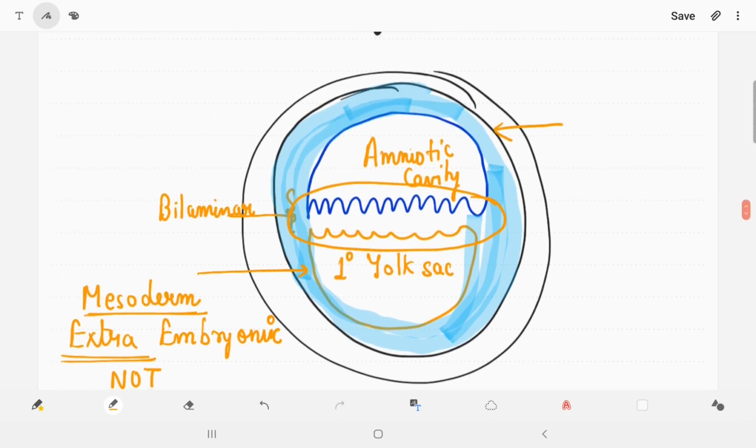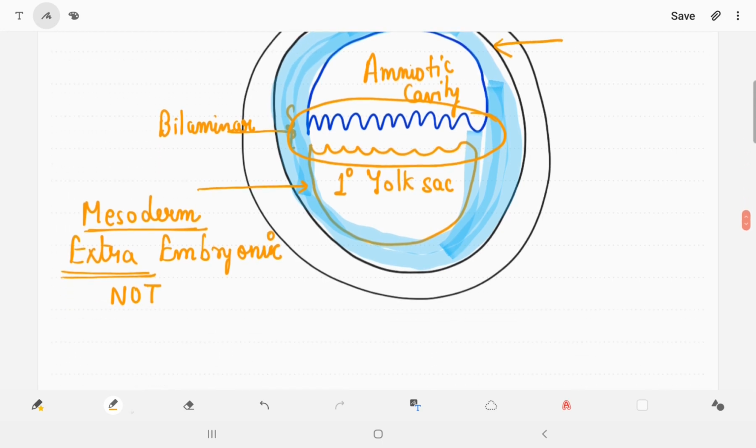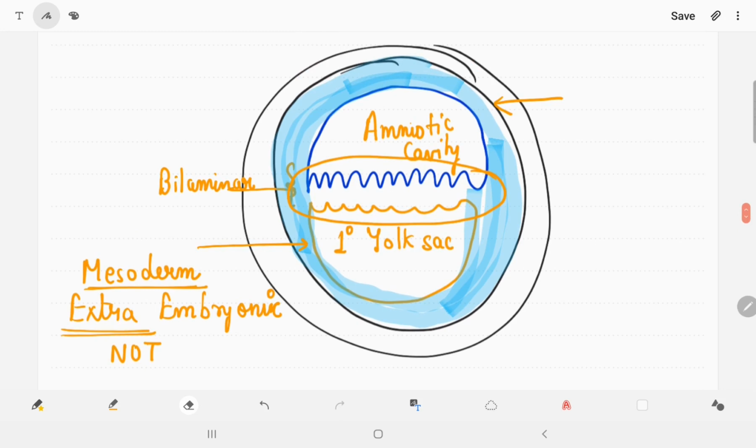Now, I am taking it one step further, okay? So now I am telling you that this extra embryonic mesoderm will develop a few cavities, right? This will develop a few cavities and these cavities will unite together.